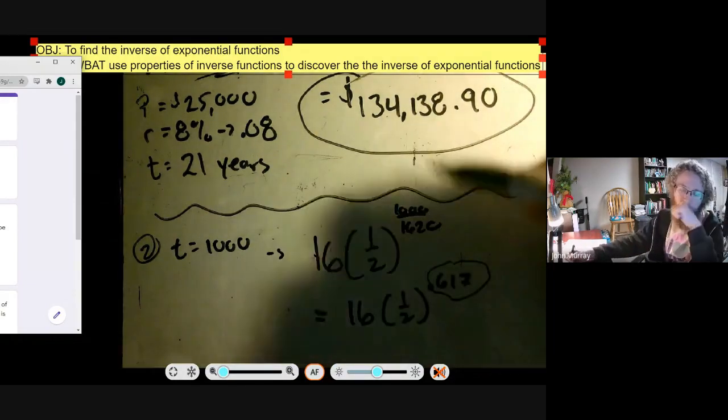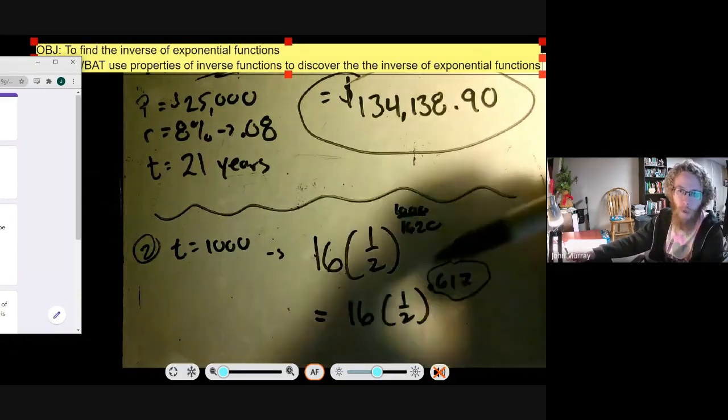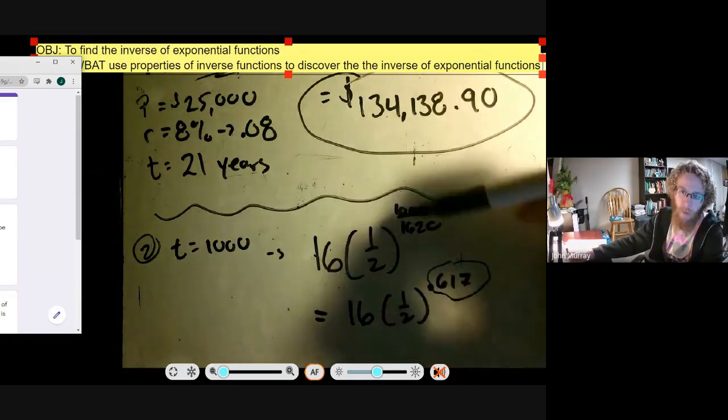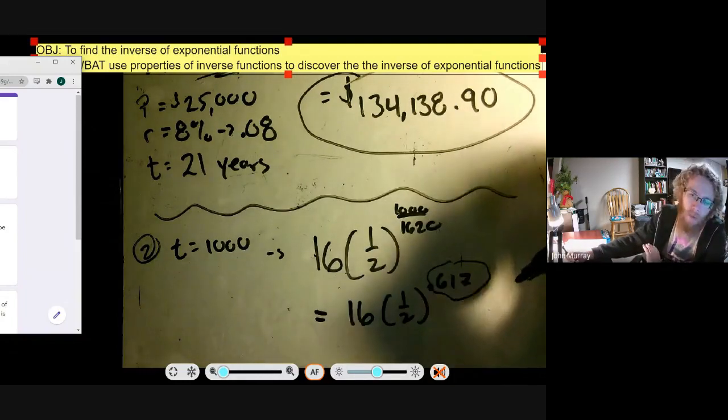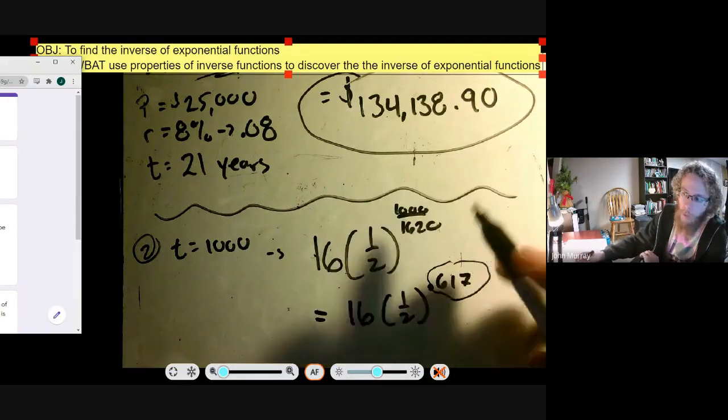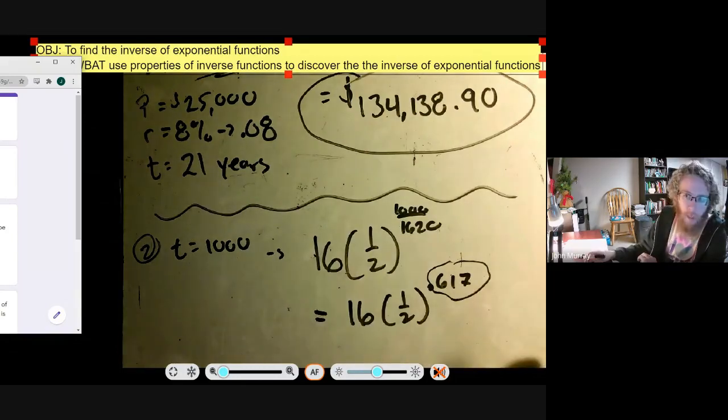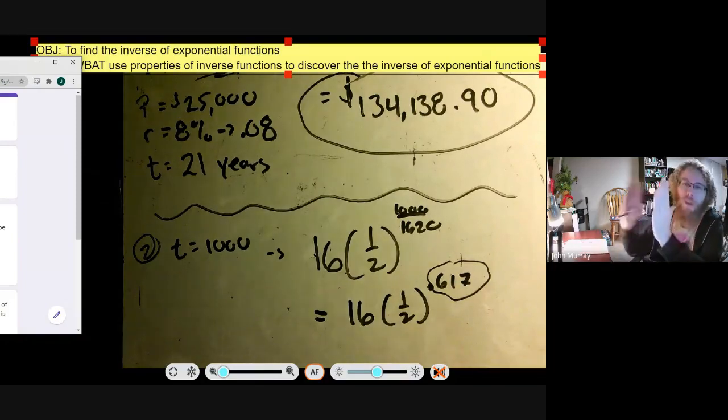So in 1,000 years, we don't make it through a full half-life. That kind of makes sense. It's a little over half of a half-life. And the problem we saw yesterday, when we were looking at a larger amount, we looked at 100,000 years. That was 4 half-lives. So that means you took half of whatever your starting amount was 4 different times.